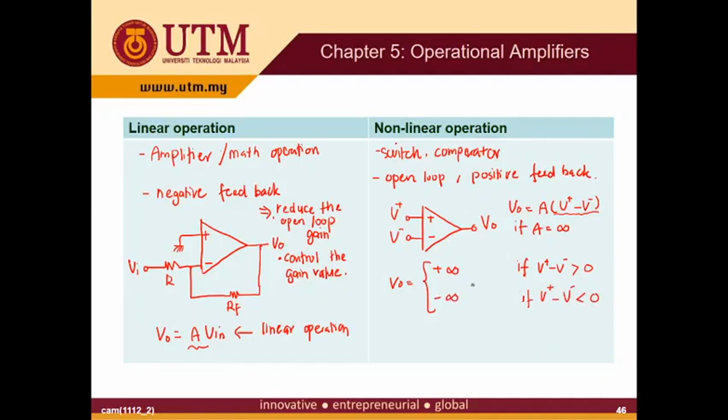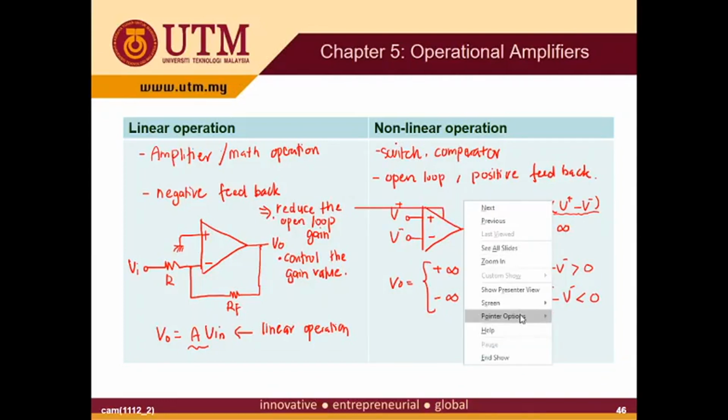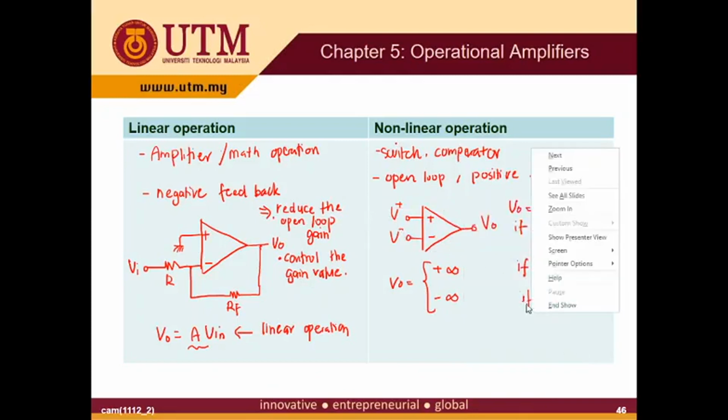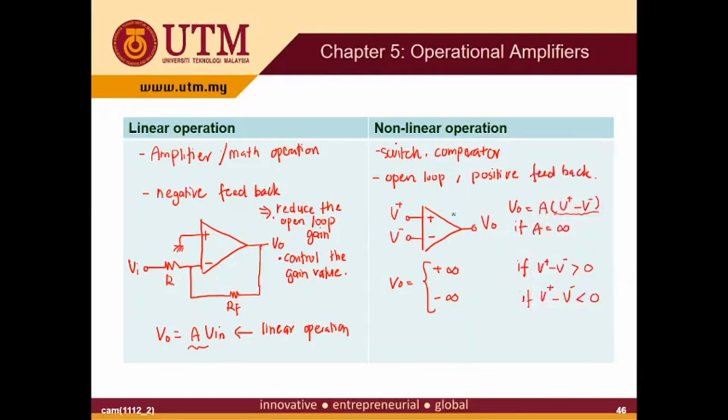However, as we have discussed, in the actual op-amp there is a supply DC voltage, plus VCC and negative VCC. The common rule is that the output of an electronic device cannot produce a higher voltage value than the supply voltage.